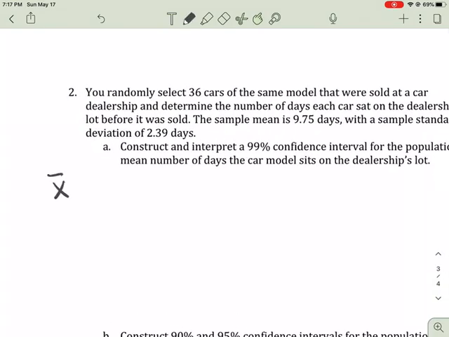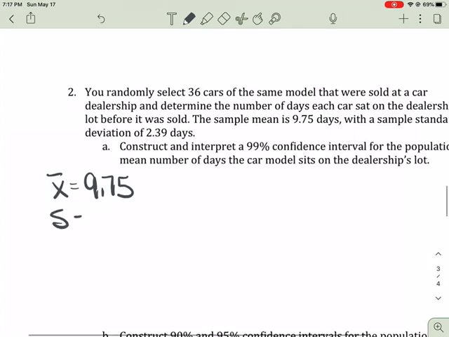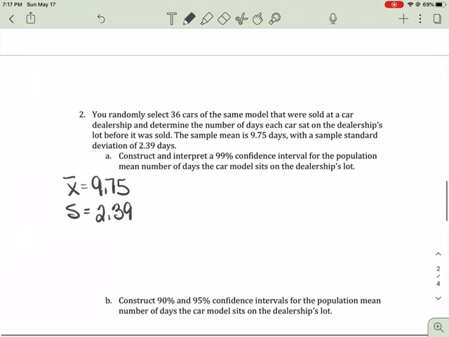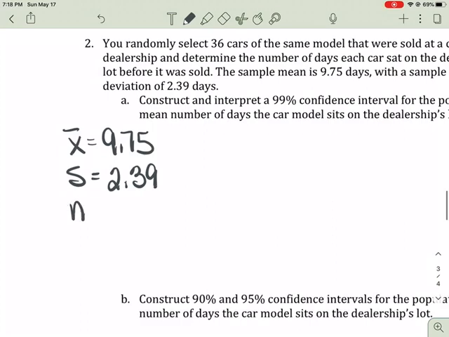So here we have an X bar of 9.75 and an S of 2.39. Again, we're going to do a 99% confidence for the population mean number of days the car sat on the dealership's lot. All right, and our sample is 36, so that means our degrees of freedom is 35.